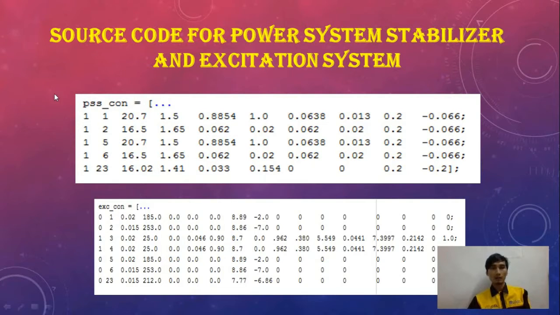This is the source code for the power system stabilizer, PSS, and ESC. PSS means the power system stabilizer, and ESC means the excitation system. Both of them are used to stabilize the system.